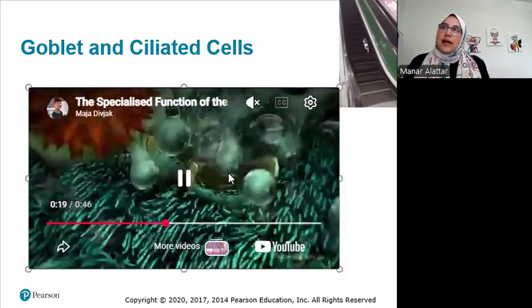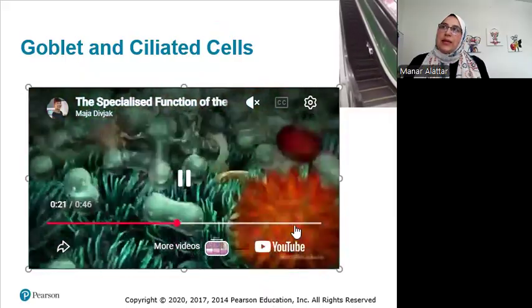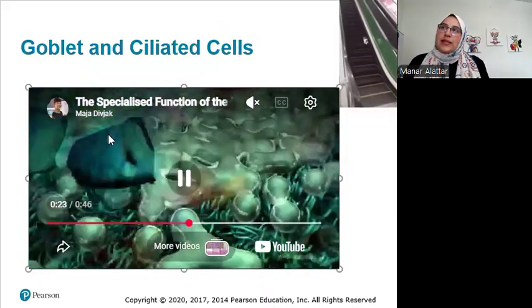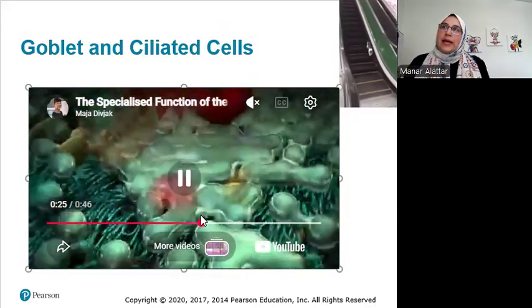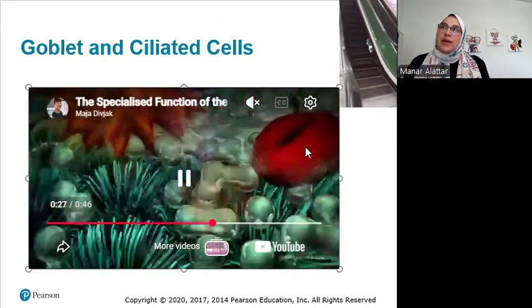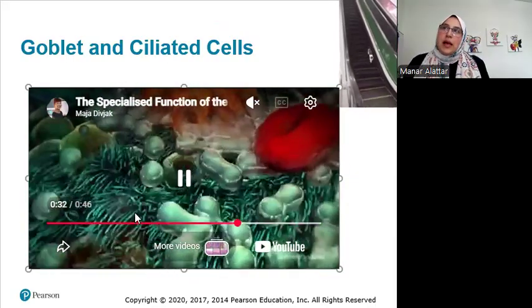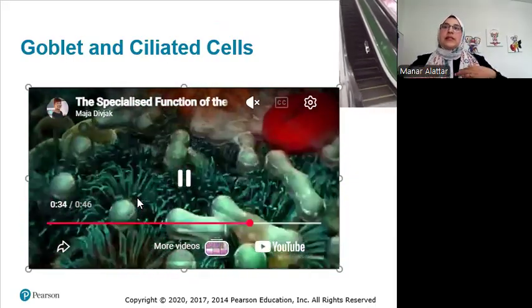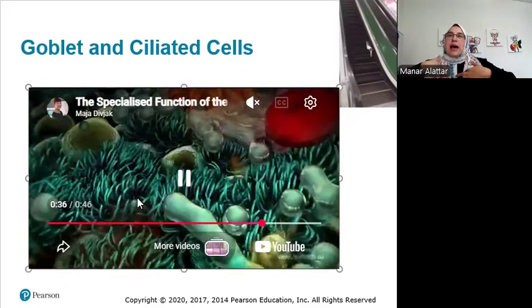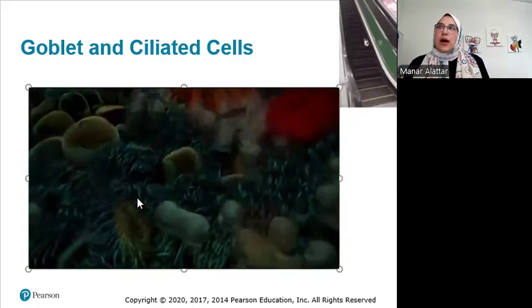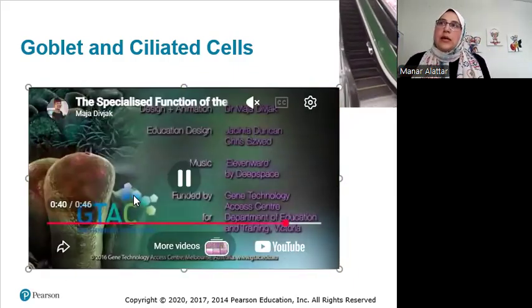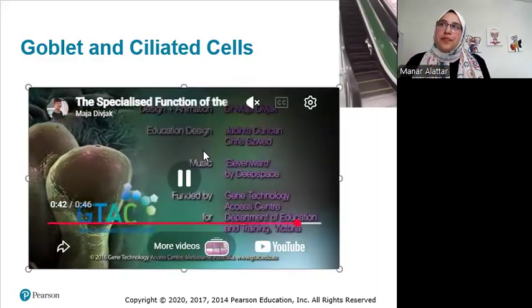These are the goblet cells, and that's them releasing mucus. Now, that particle is some sort of particle like pollen or maybe dust. There's a red blood cell that's getting trapped in that mucus. And then these ciliated epithelial cells push the mucus out of our body to release those components so that they don't cause harm.